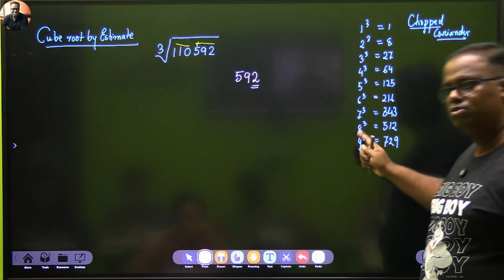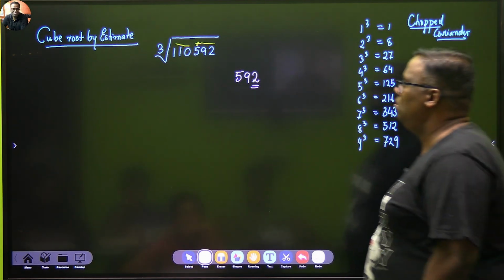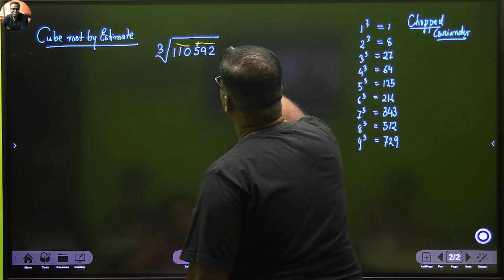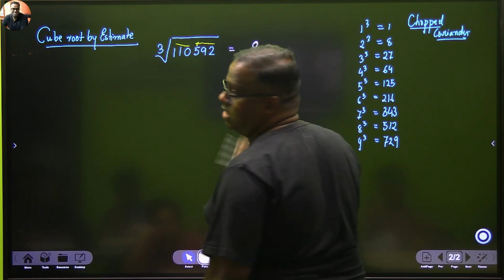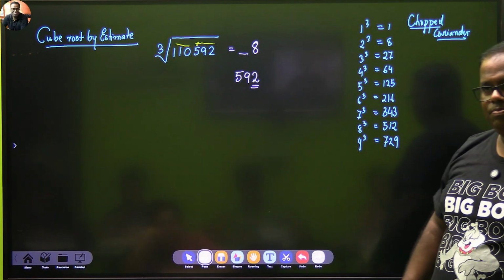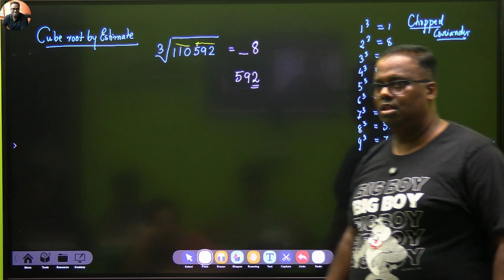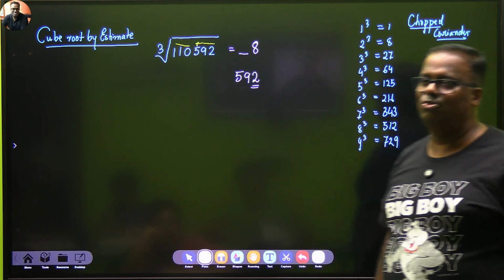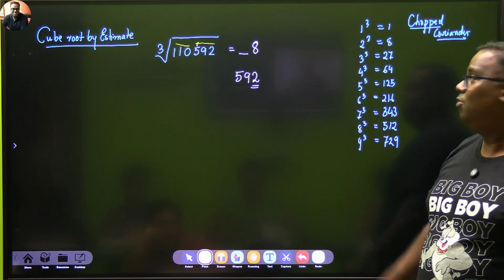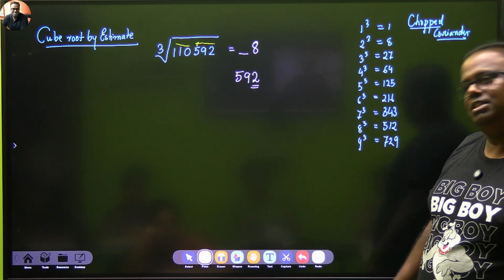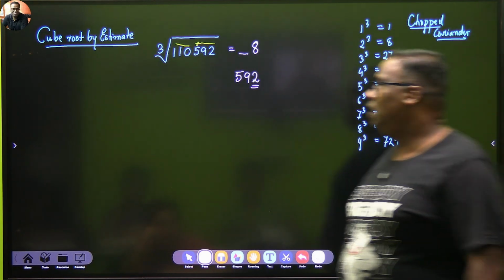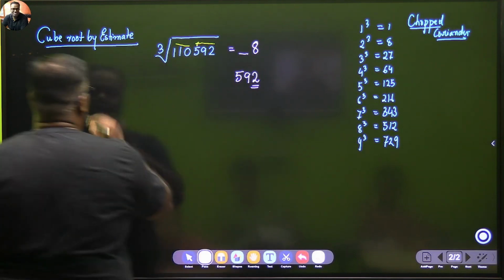So to get its cube root, the ones digit we will write is 8. Why did I put 8? Because a number ending in 2 is the cube of a number ending in 8. Understood?